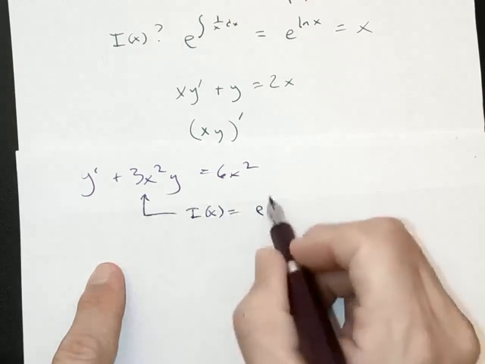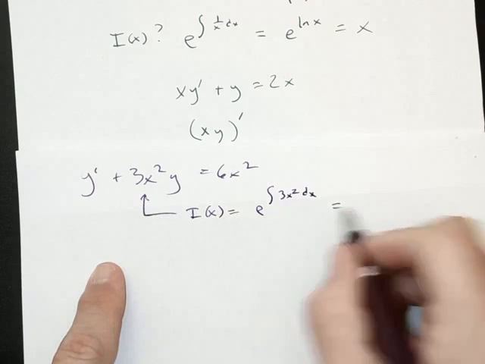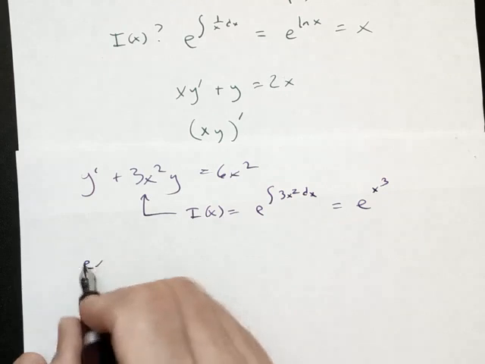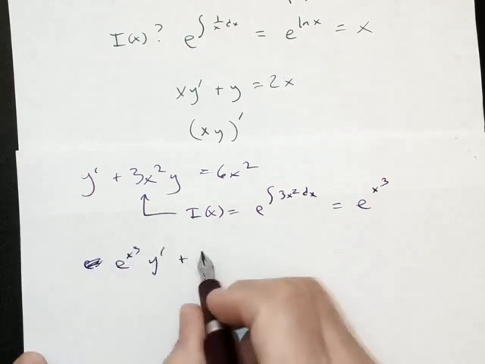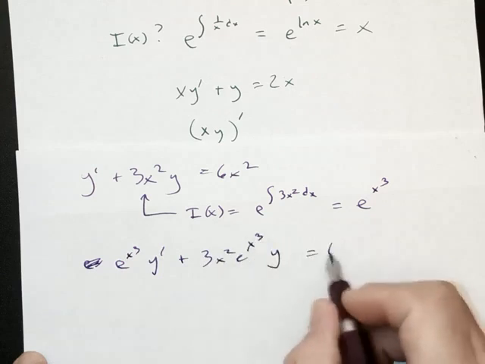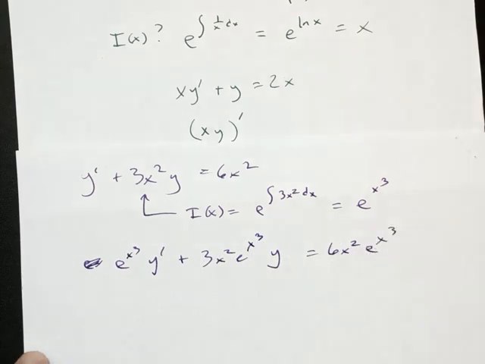My integrating factor is e to the integral of 3x squared dx, e to the x cubed. So e to the x cubed times y prime plus 3x squared e to the x cubed y equals 6x squared e to the x cubed.